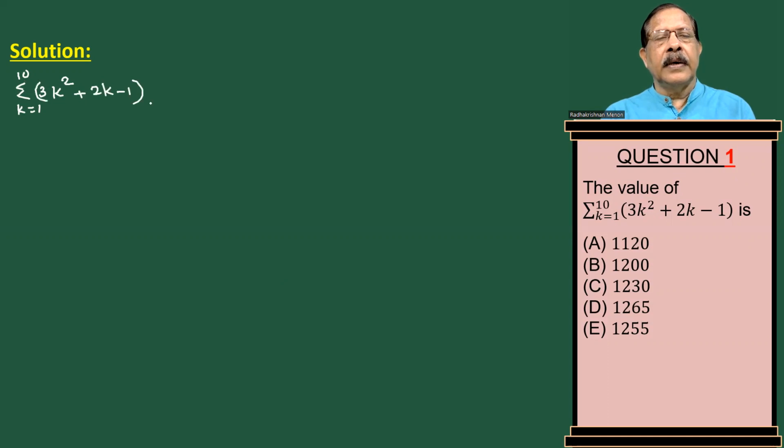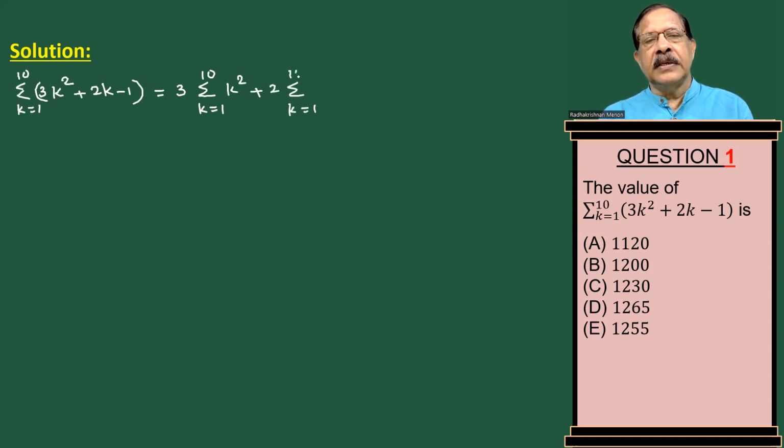Now we can separate it. This we can write as sigma k equal to 1 to 10 k square, then 2 into sigma k equal to 1 to 10 k, minus sigma k equal to 1 to 10 of 1.